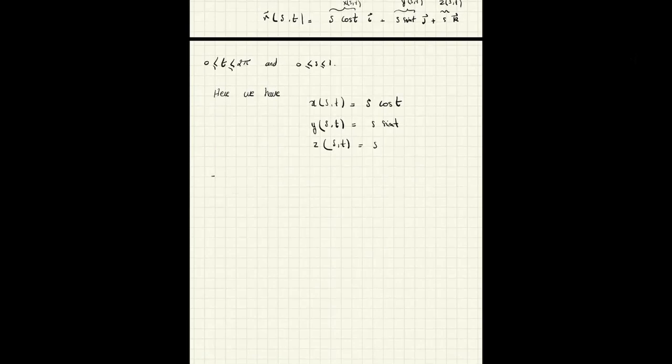Meaning that if we take x squared plus y squared, it gives s squared. Which means this is also equal to z squared, which means that z, because z is positive, equals the square root of x squared plus y squared.